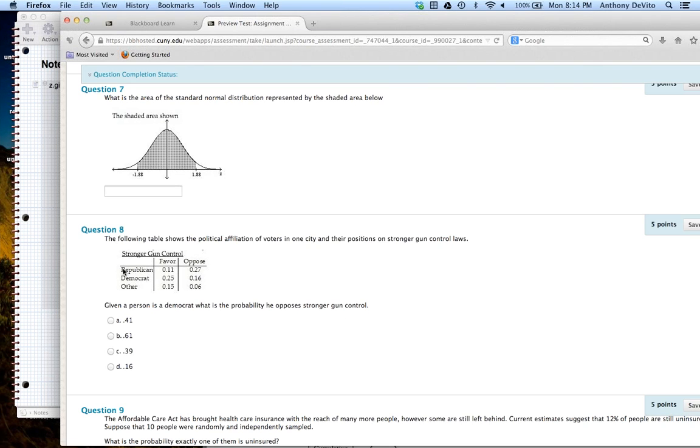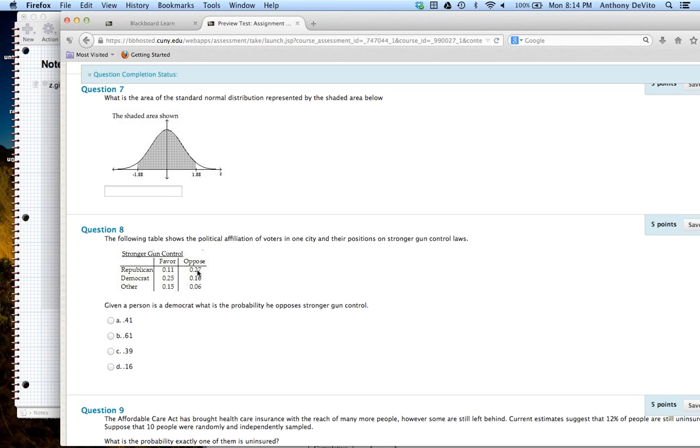Well, we're only looking at Republicans, right? The first condition has to be satisfied. Republicans represent what part of the total population? 0.11 and 0.27, so they represent 38% of the population. Of that, 27% says they oppose gun control.